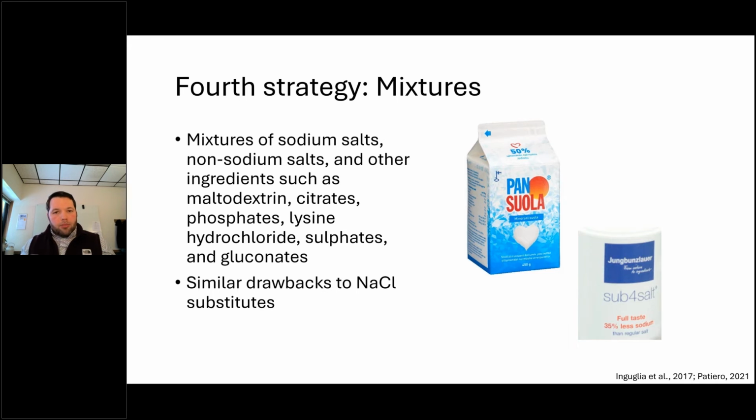Of course, those all are subject to regulatory approval and proof that they are efficient. But with these mixtures, we can also have some of those similar drawbacks to substitution. Again, texture defects, color changes, perception by the consumer. But mixtures of both the sodium salts and other ingredients may be a positive or a beneficial pathway to go down.